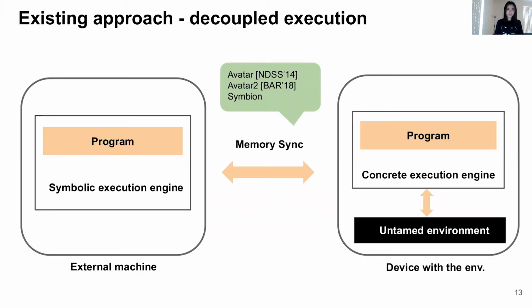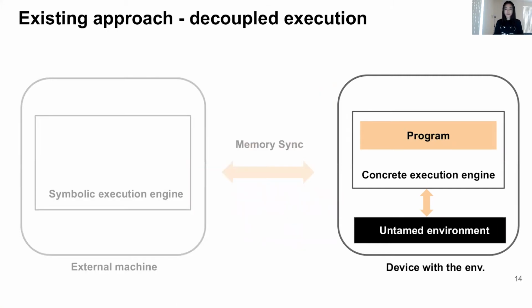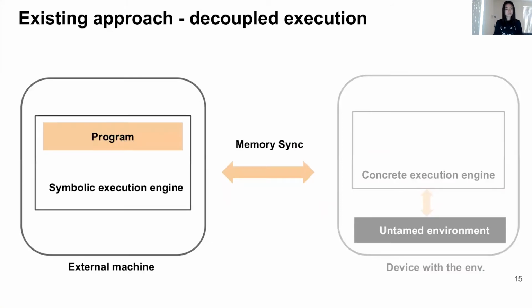The other approach is decoupled execution. It has a concrete execution engine on the device with the environment and a symbolic execution engine on an external machine to do analysis. To use it, the concrete execution engine runs the program until a predefined event occurs. At this point, to do analysis, the symbolic execution engine synchronizes the memory from the device and continues its execution.